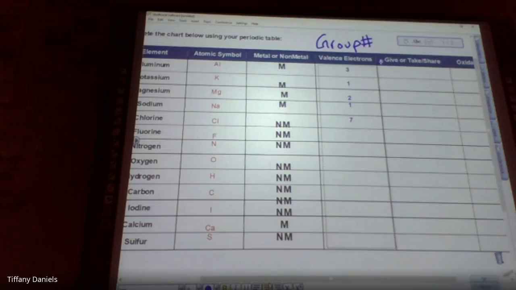You got it. Fluorine? Nitrogen? 5. Oxygen? 6. Hydrogen? 1. Carbon? 4. Iodine? 7. Calcium? 3. And sulfur. 6. Okay.